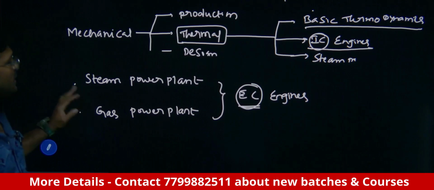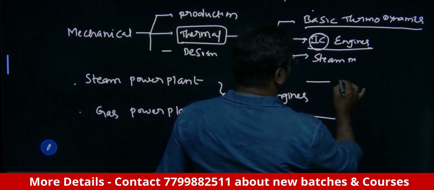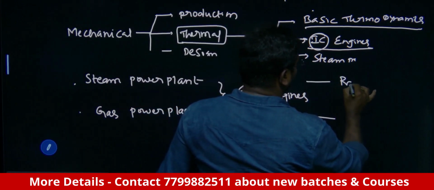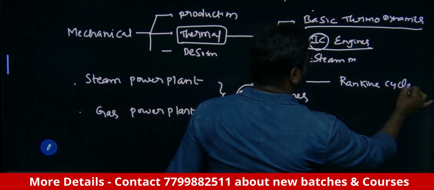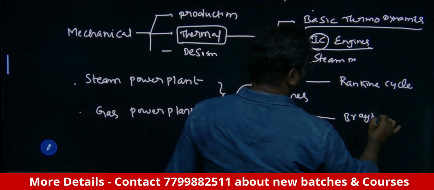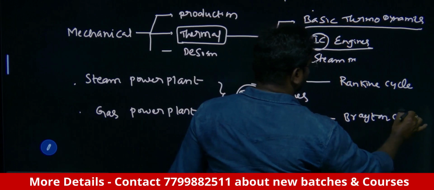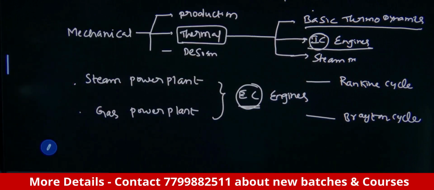Steam power plants and gas power plants work on two different cycles. One is the Rankine cycle. Another one is the Brayton cycle. See how you are converting steam.